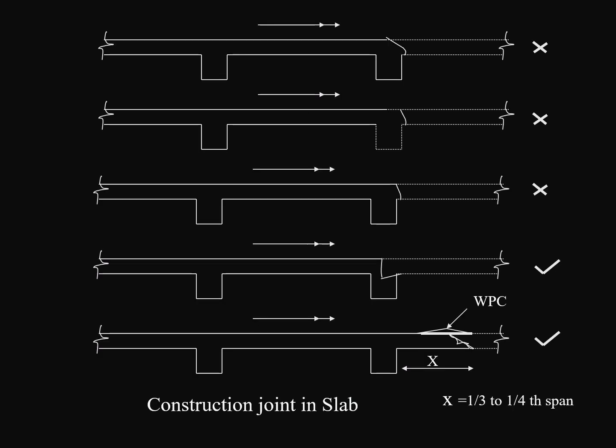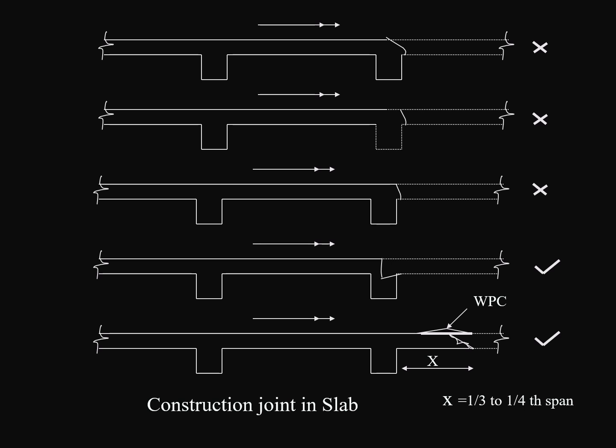The construction joint in slab. Sometimes the situation may be to extend the slab for the next day. That time, where to leave the concrete to extend it for the next day?